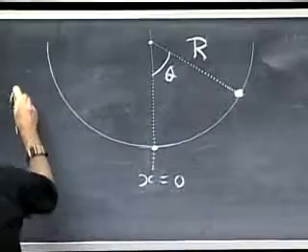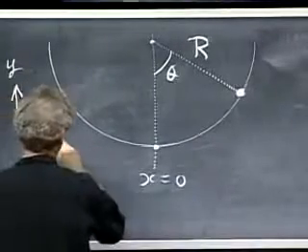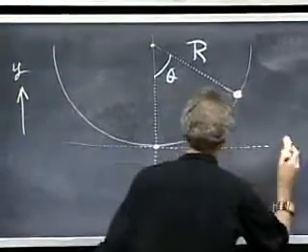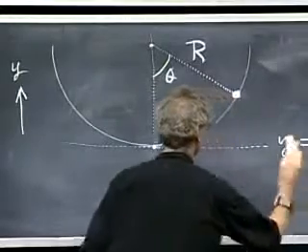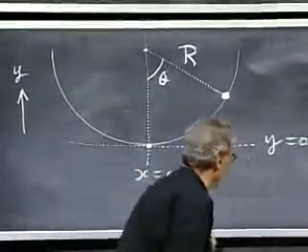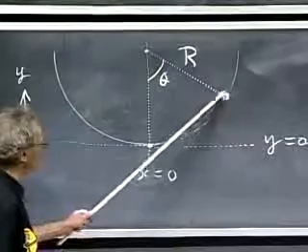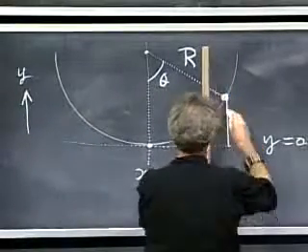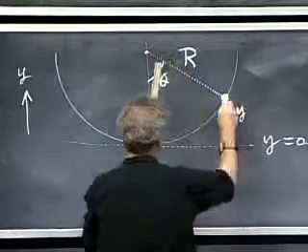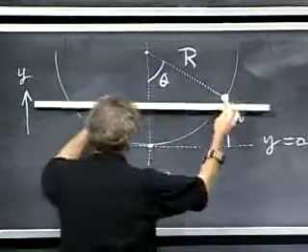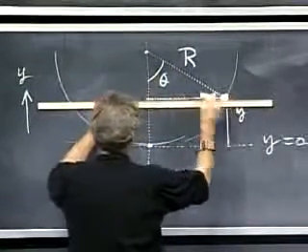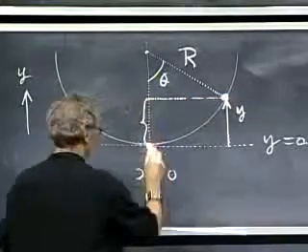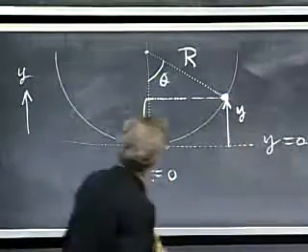This is increasing value of y, and I choose this y equals 0. And so the gravitational potential energy of this object is mgy. So I have to know what this y is, and therefore I have to know what this distance is. That's very easy.